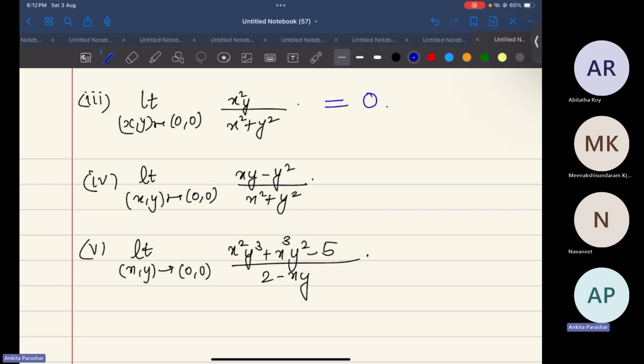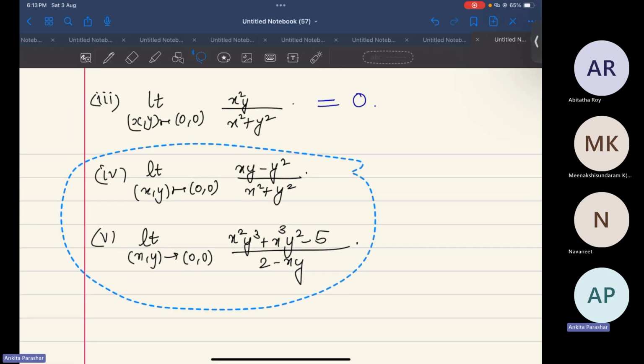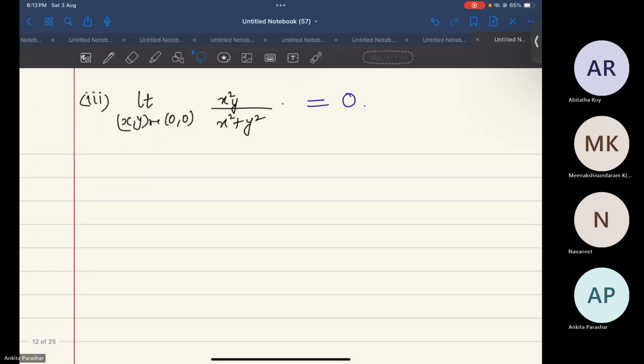So if you remember the definition, when do we say a function has this limit? Do you remember the definition? So let me recall.